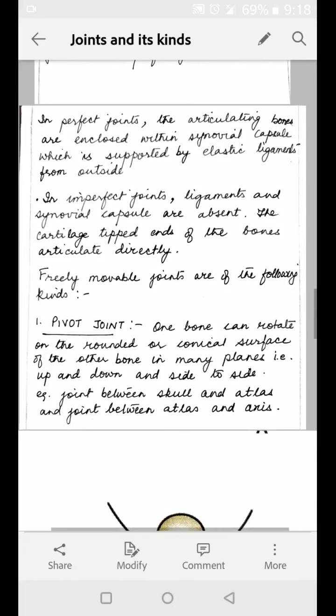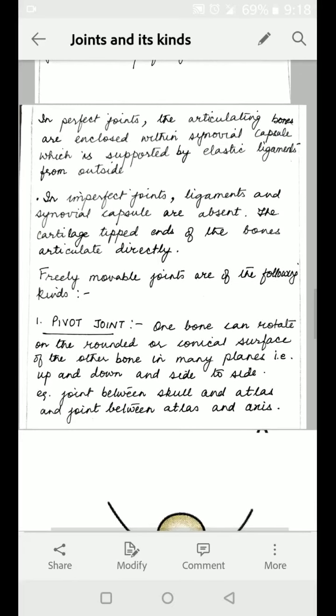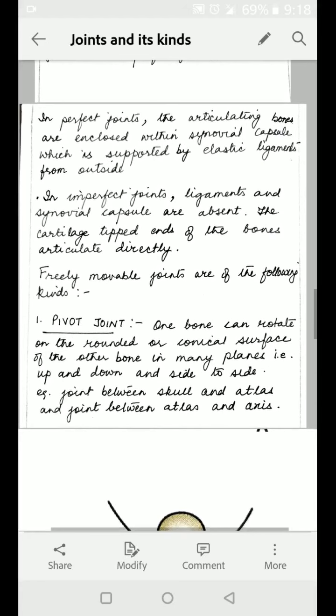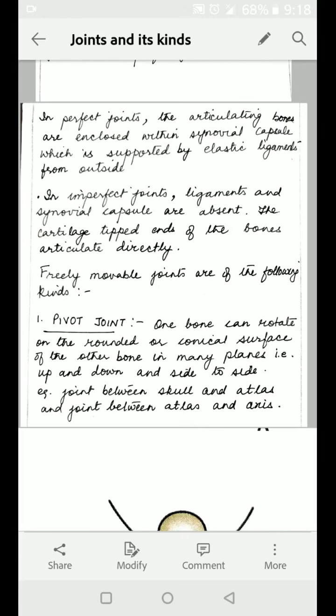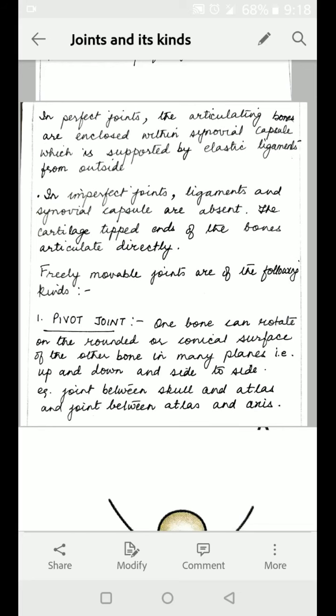In perfect joints, the articulating bones are enclosed within a synovial capsule, which is supported by elastic ligaments from outside. Whereas in imperfect joints, the ligaments and synovial capsule are absent. The cartilage-tipped ends of the bones articulate directly.